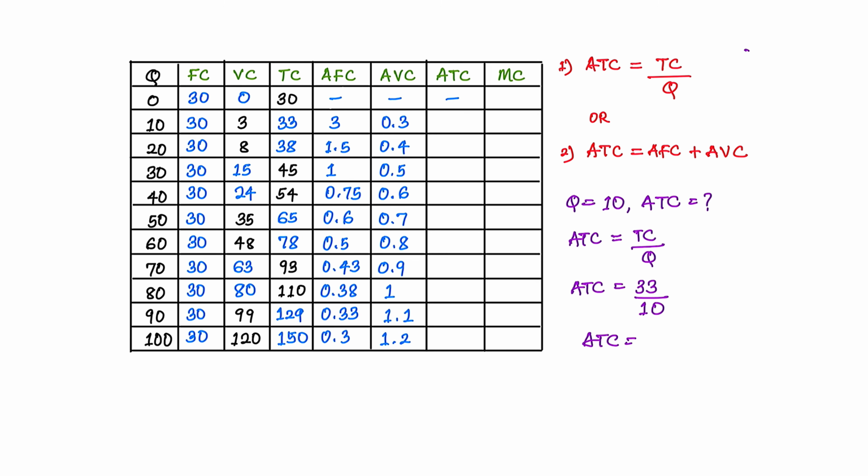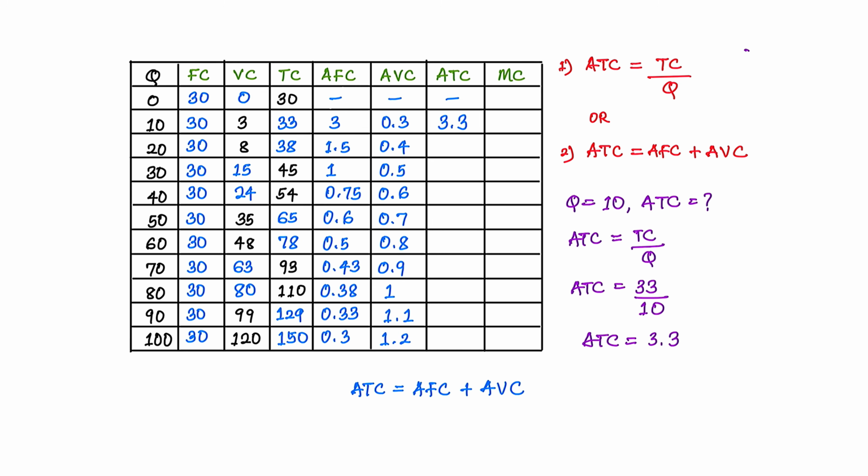Simplifying, average total cost equals 33 divided by 10. That will give us 3.3. So that means average total cost here is 3.3. Or we can use the second formula, which says the average total cost is equal to the value of the average fixed cost plus the value of the average variable cost.